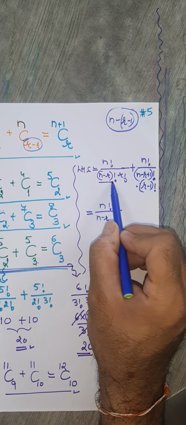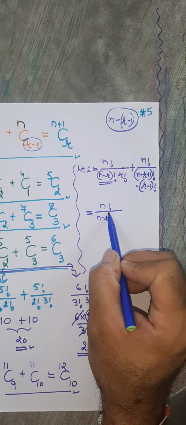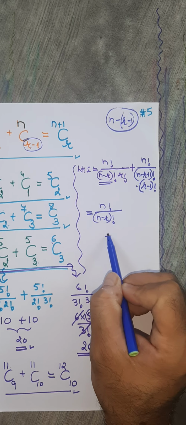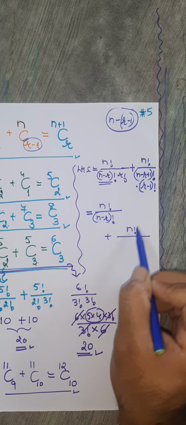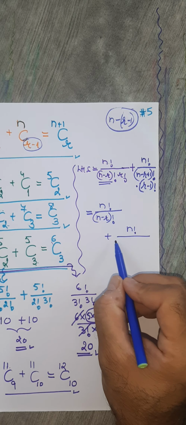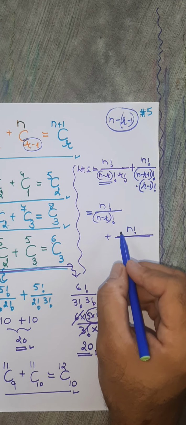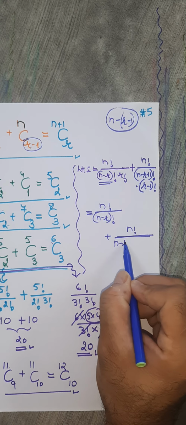You can see out of these two, this is the bigger factorial. So here I can express the bigger factorial in terms of the smaller factorial. So I'll take this form now here.